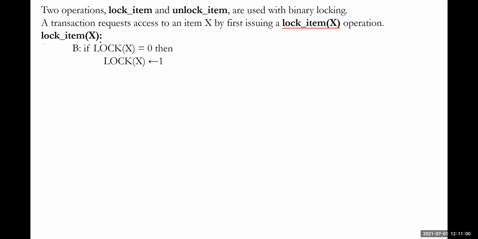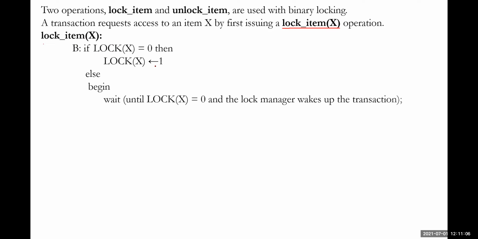Otherwise, if lock of X is not equal to 0, then what shall we do? Wait until the lock becomes 0. If the lock becomes 0, then immediately you can acquire it. Otherwise, you must wait for some more time.